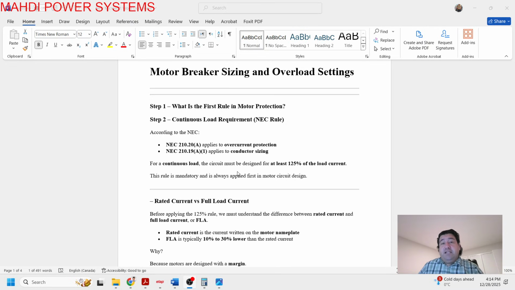But FLA you can find in the design document, or by turning on the motor while coupled, for example, with the pump, opening the valve completely 100%, and measuring the current. When you measure the current, it gives you the full load current, FLA of the motor, not the rated current.